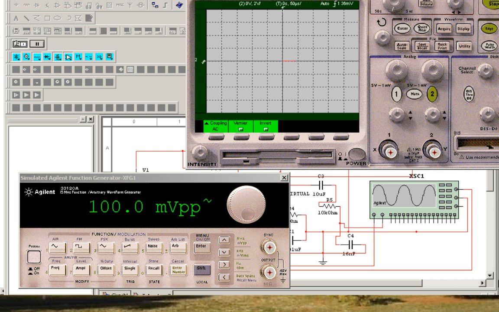I want to go back to frequency, and that's 100 millivolts, and change the frequency.